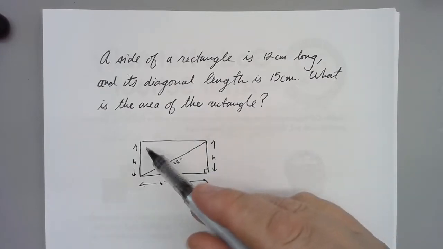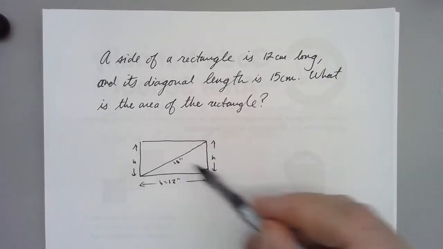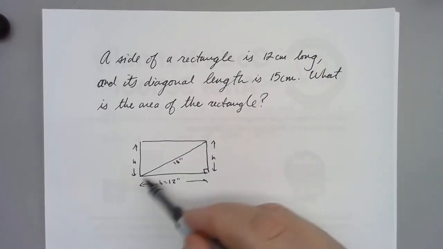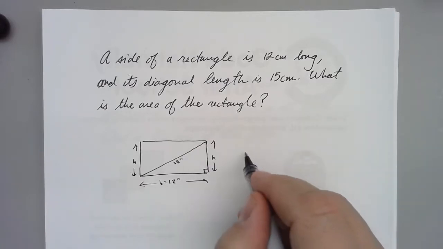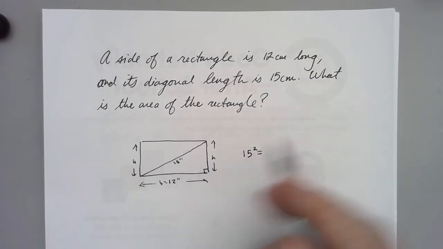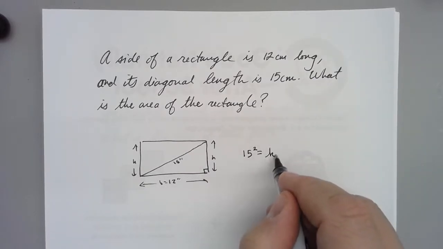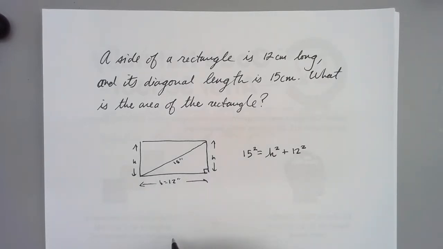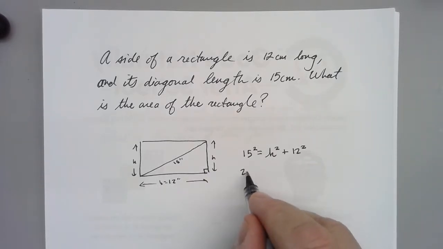Since this is a rectangle, all 4 of its angles are right angles, so that's a right angle here. And this is therefore the hypotenuse of a right triangle. So by the Pythagorean theorem, I can say 15 squared, the hypotenuse squared, is h squared plus 12 squared. The other 2 sides squared and added together.